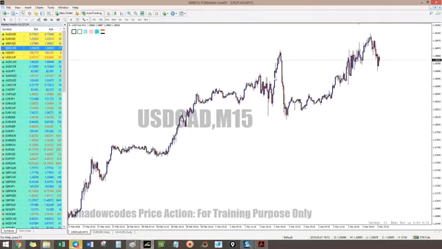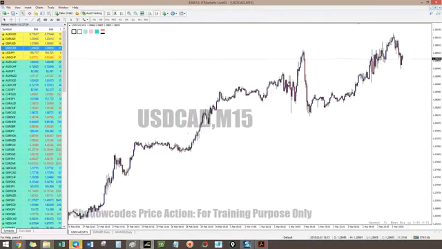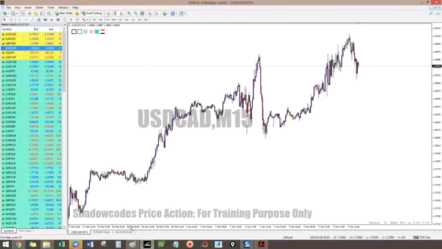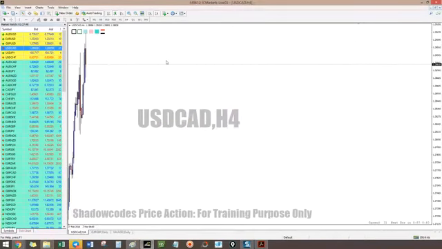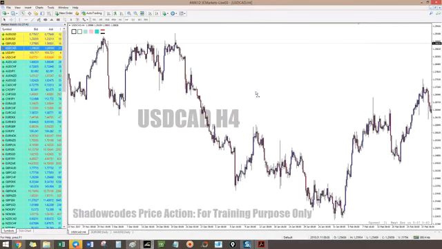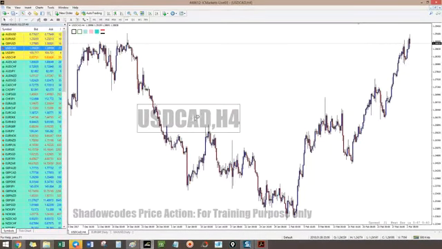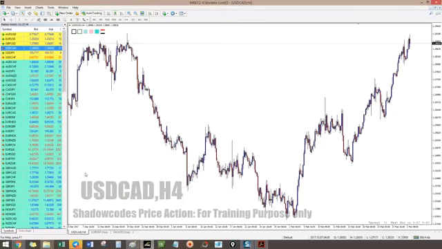You go on a lower time frame to enter, or when you see a QM on H4. So there are a lot of ways to enter using QM. One of them is using market structure, the accumulation and distribution. Another way is using price action. For example, over here, if I want to enter here, I will mark something like this.